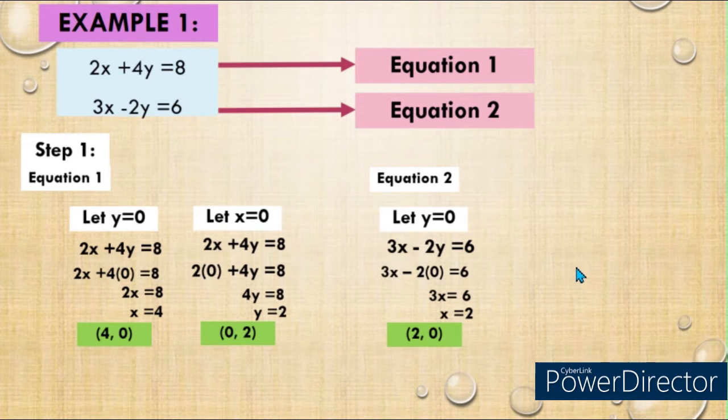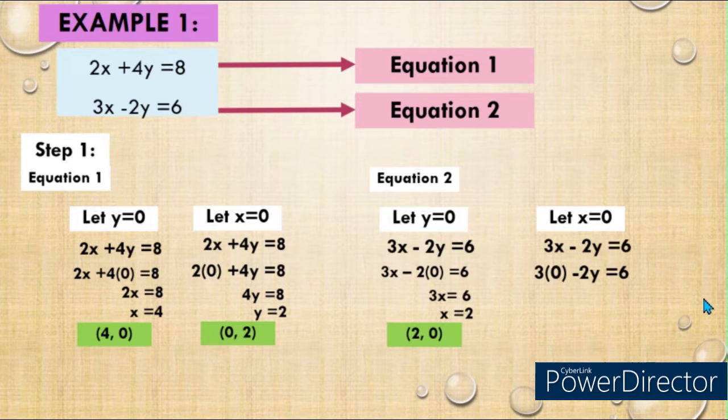Okay, so now let's proceed for y-intercept. I repeat, if y-intercept ang hinahanap natin, let x is equal to 0. So we have 3x minus 2y is equal to 6. 3 times 0 minus 2y is equal to 6. So we have negative 2y is equal to 6.